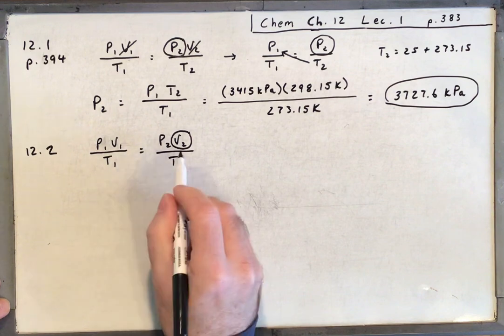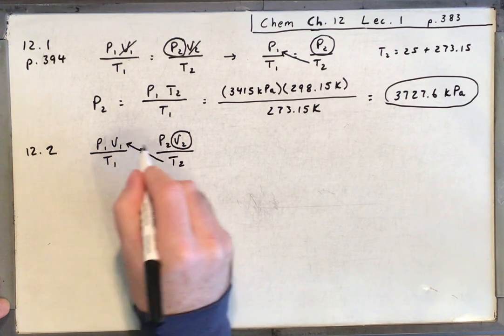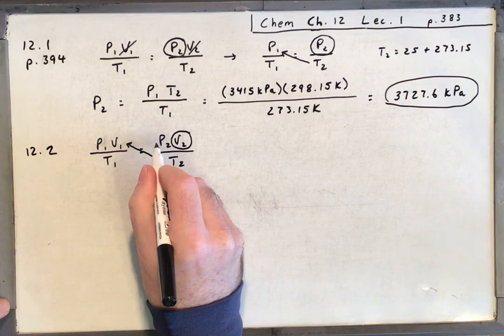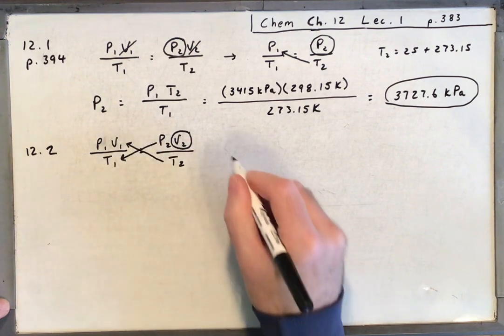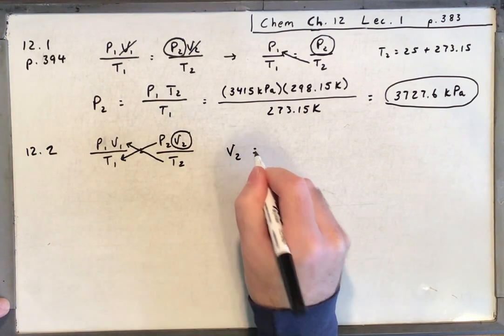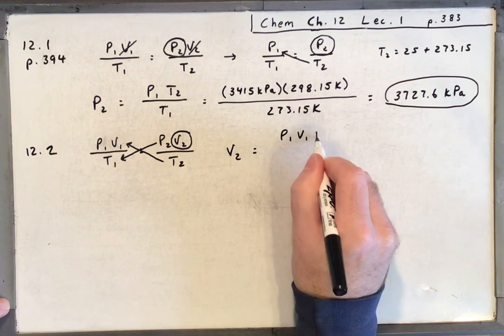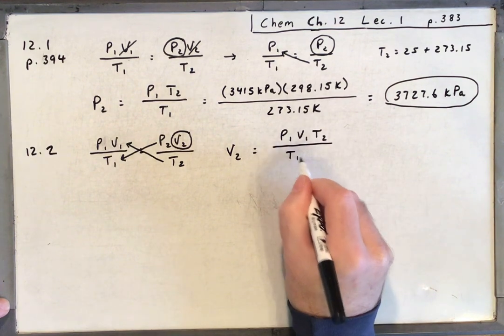It doesn't say that volume or pressure can't change. So we bring T2 up here. That's the same as multiplying both sides by T2. And then dividing both sides by P2, that's the same as bringing P2 down here. So V2 is going to be P1 V1 T2 over T1 P2.